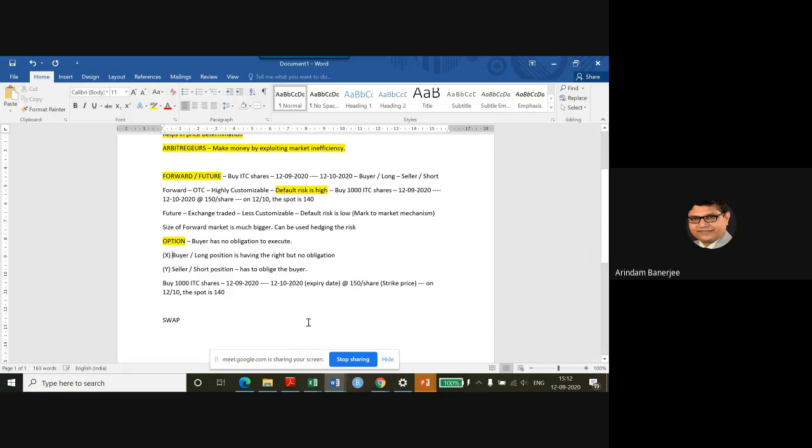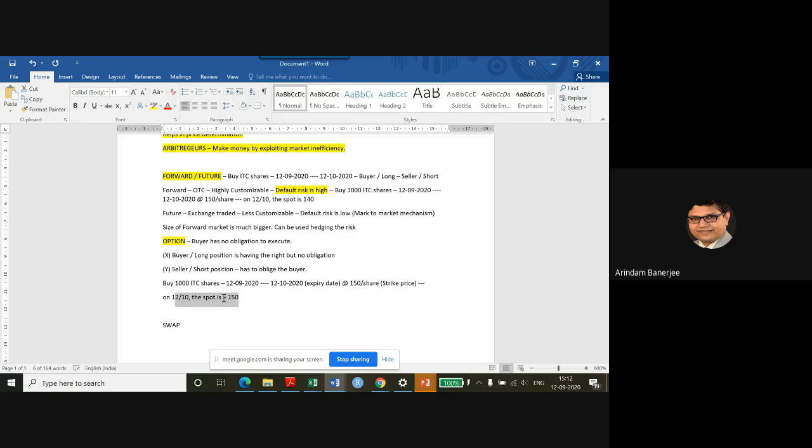So they entered into a contract to buy 1000 ITC shares on 12th October 2020, which is the expiry date of the contract, at the rate of rupees 150 per share, which is the strike price. Now, there can be two situations. On 12/10, the spot is more than 150. This is situation one.